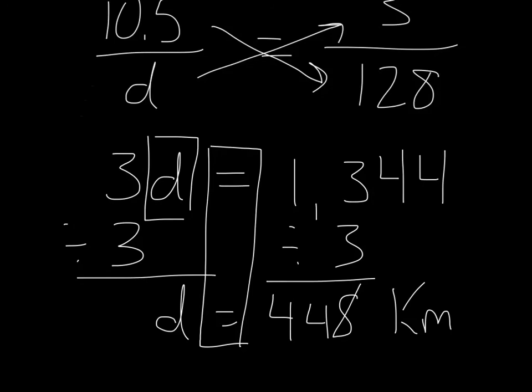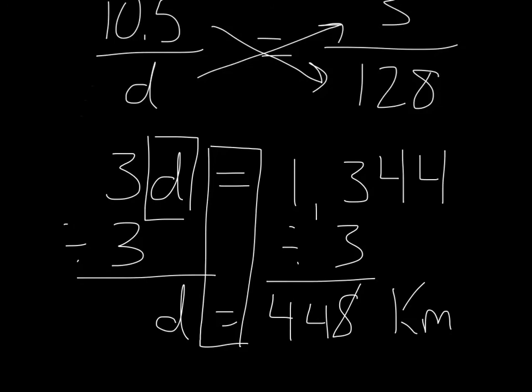The next thing I want to go into is this think and discuss. What I want to do with it is number 1 and number 2. Number 1 says, explain how you can tell whether a model with a scale factor of 5/3 is larger or smaller than the original object.